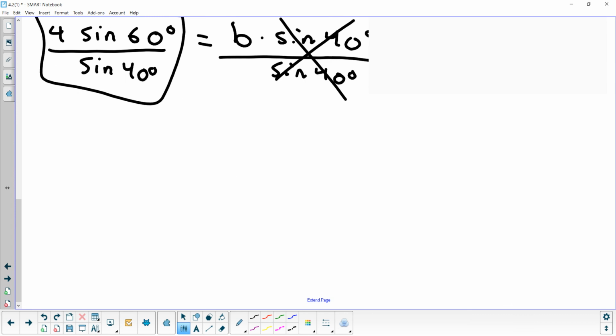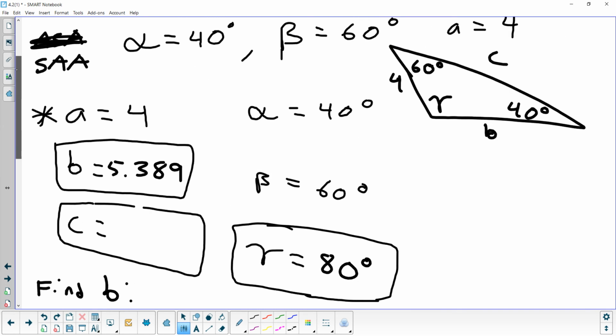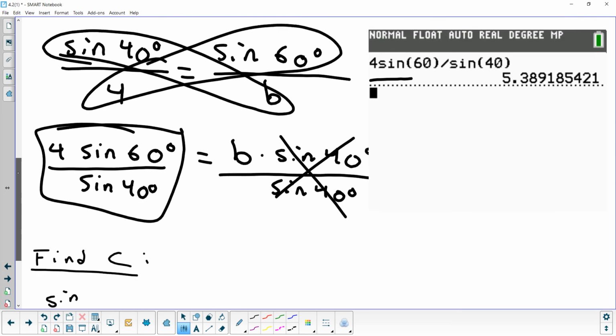So let's write that down. It's going to start off exactly the same: sine 40 over 4, just like we had before.